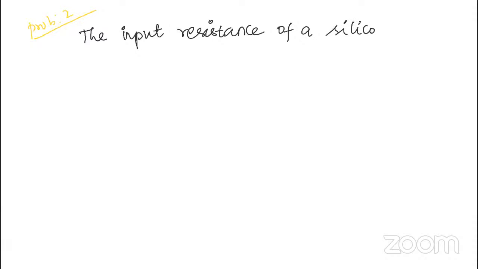So here, the input resistance of a silicon transistor is 100 ohm.